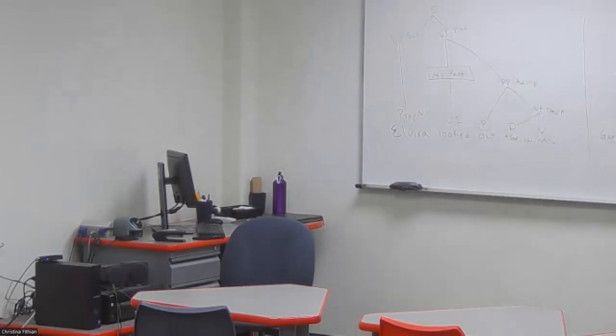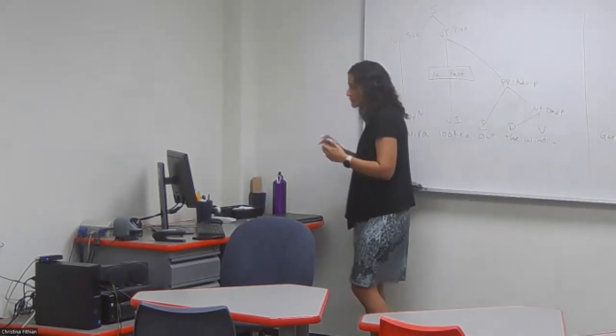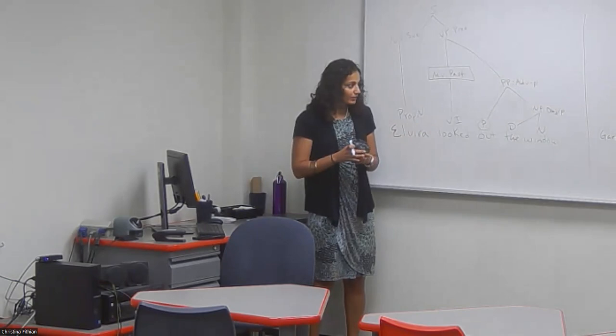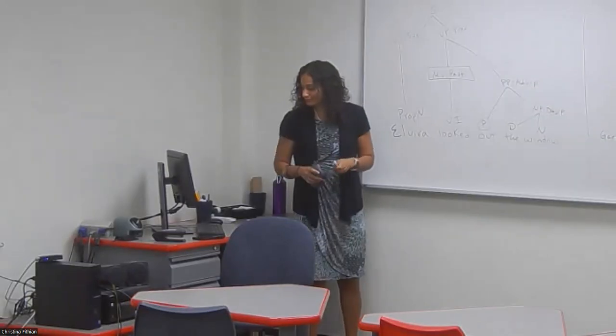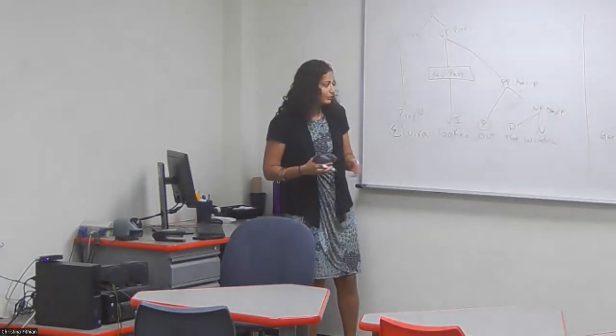Let's see if the camera tracks. Does the camera track? Come on, camera. You can move. Oh, I don't know if it's doing it. Okay. Well, I guess I'm limited to this side of the board then. I guess I'll have to write it over on this side of the board. All right. That's fine. Look, you can pause the video if you need, and you can go back and relook at this tree.